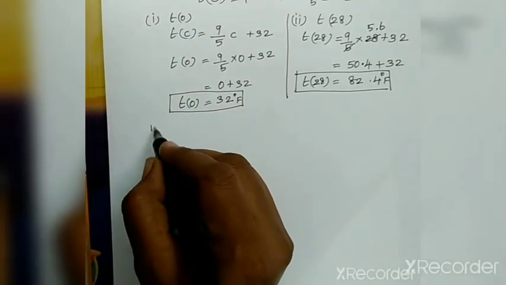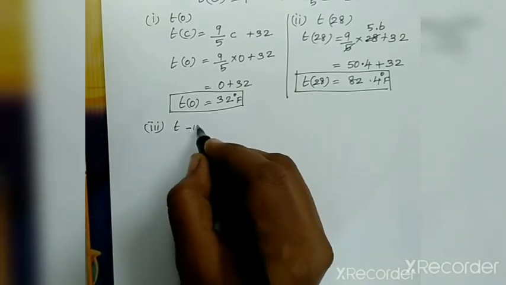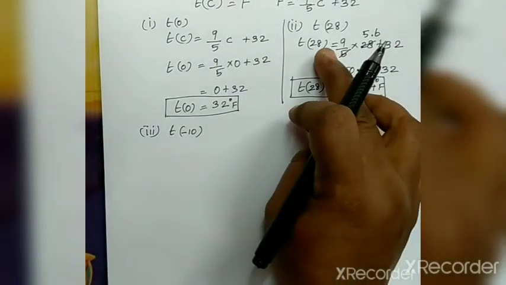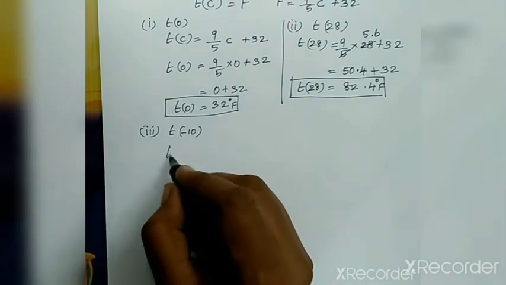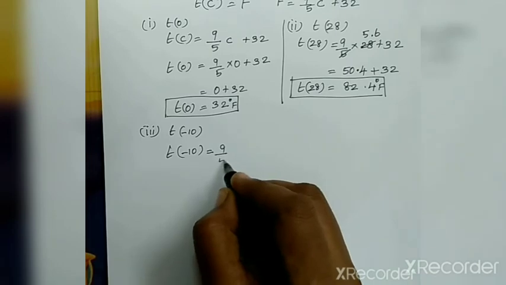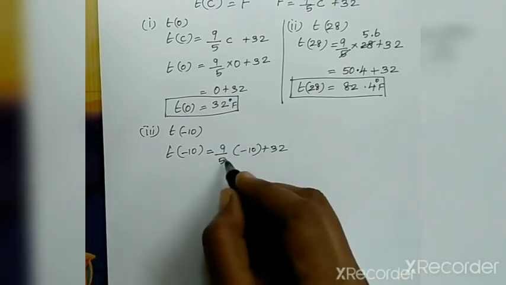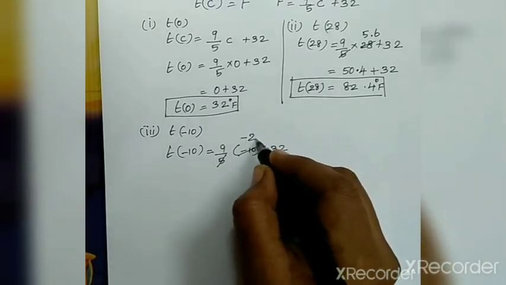The third question is to find the value of T of minus 10. We have to substitute the value of C as minus 10. So T of minus 10 equals 9 by 5 into minus 10 plus 32. By cancelling 5 and minus 10, we get minus 2.